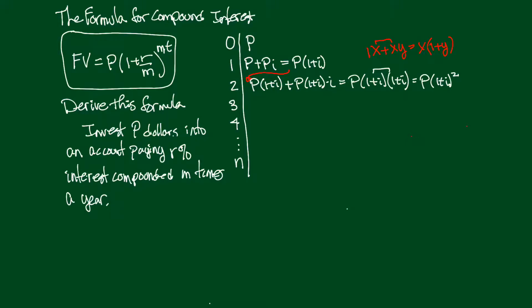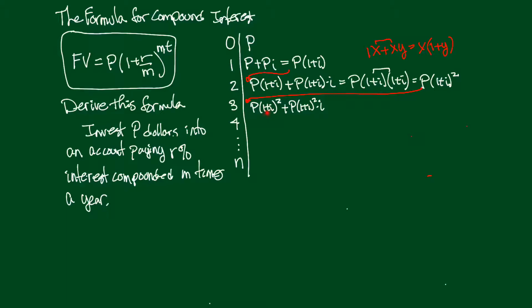Now let's start the third period. So the third period, how much money are we going to start with? Well, we're going to start over here. At the end of the second compounding, we've got that much money. We're going to start the third with that amount. So we're going to have p times 1 plus I squared. That's how much we start with. Plus, then through the third compounding period, we get interest on that. P times 1 plus I squared times I. Now you see this?